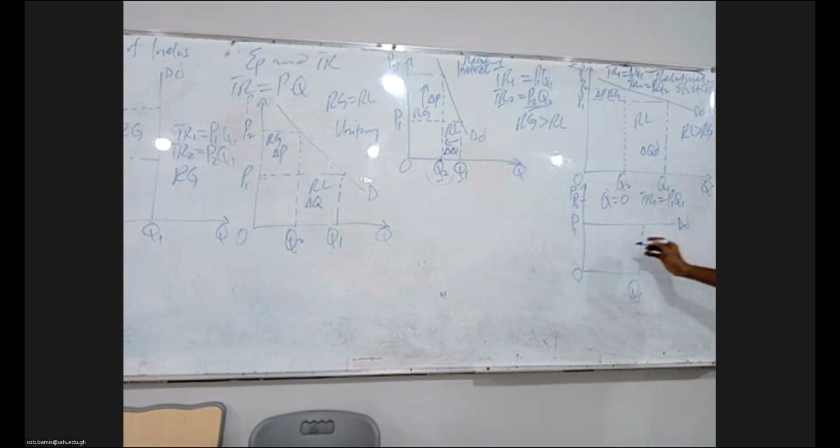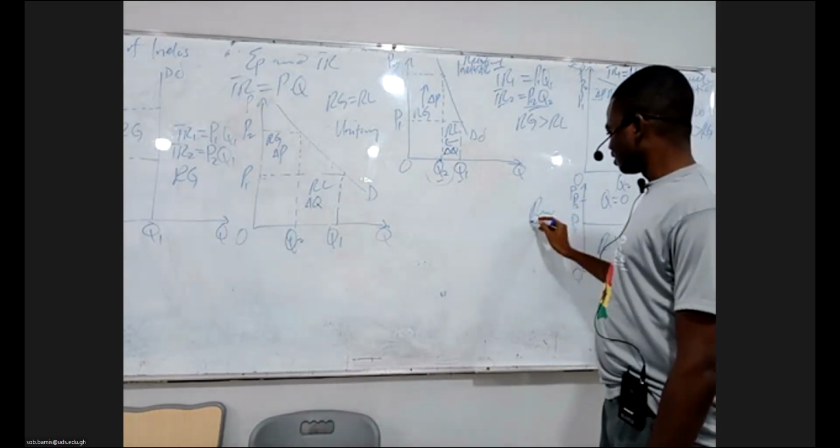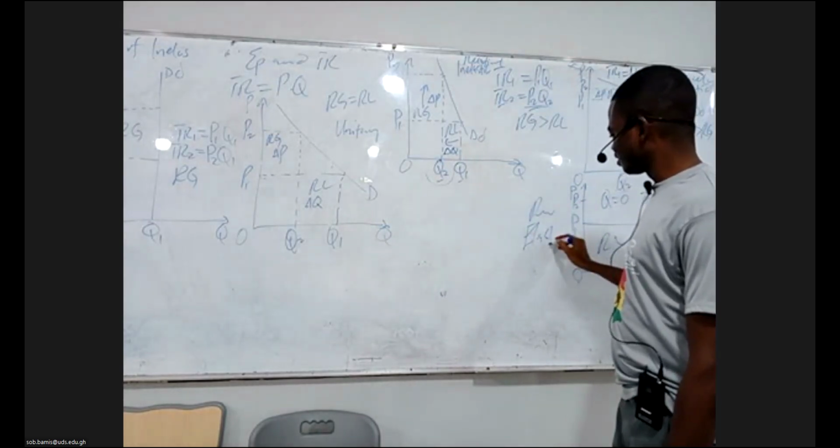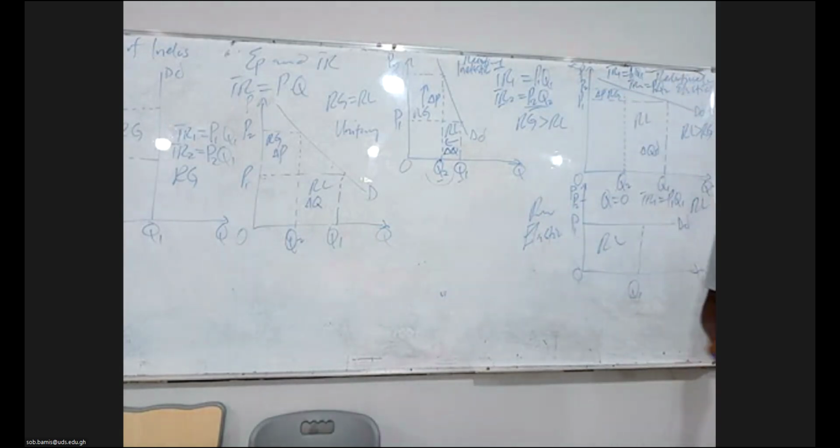And so our revenue loss will be RL here, and there is no revenue gain. So we are only going to have revenue loss. And so this is a case of perfectly elastic demand. Perfectly elastic demand.